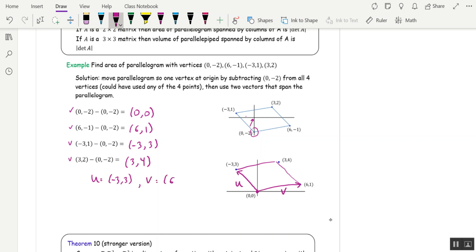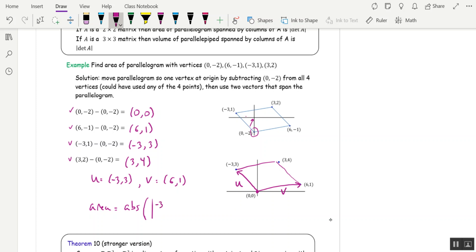Now you could switch those labels. You could make u 6, 1 and v negative 3, 3. It wouldn't matter because you're going to take the absolute value of the determinant. And so you'll get the same answer in the end. So the area of the parallelogram is the absolute value of the determinant of the matrix with u and v in as columns.